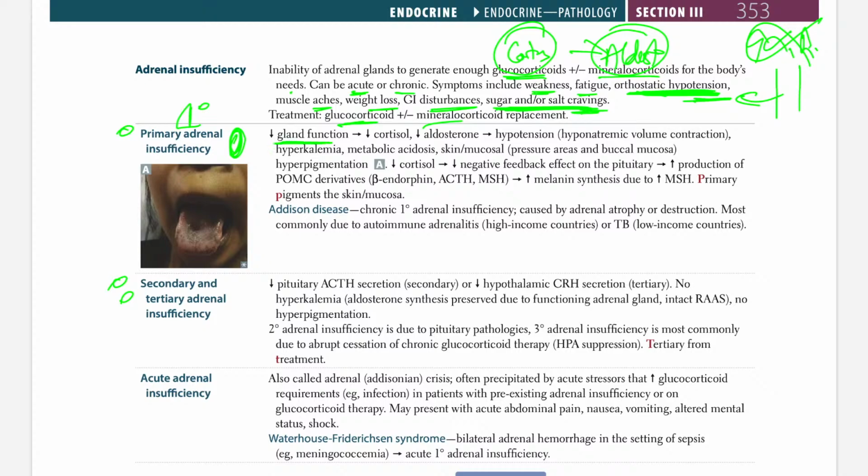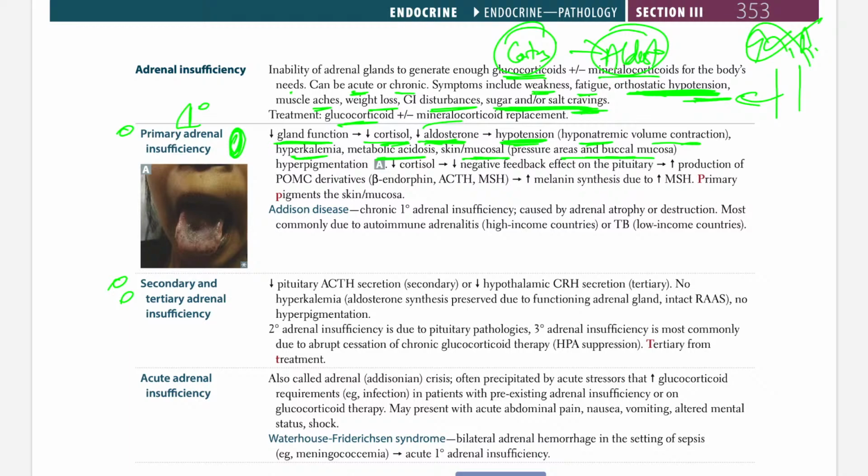When the gland is not functioning, it's going to have low cortisol, low aldosterone, and so with the low cortisol and low aldosterone, what are you going to get? Hypotension, hyponatremic volume contraction, hyperkalemia, metabolic acidosis, and skin mucosal pigmented areas, and buccal mucosa.